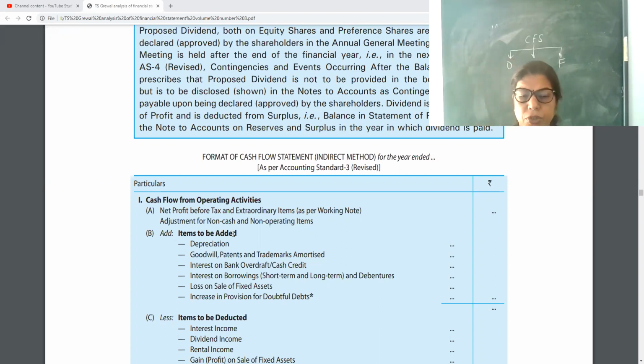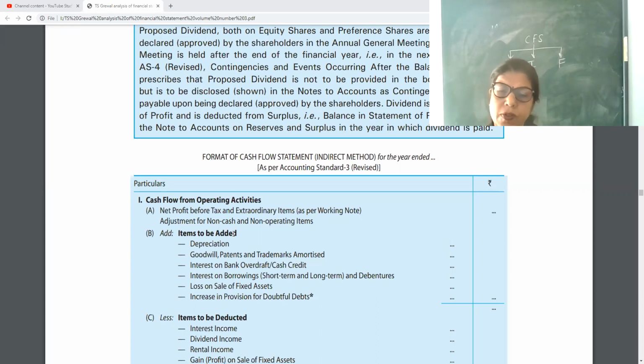Then interest on bank OD or on borrowings, short term, long term, and even on debentures, interest paid. Yes, please note down. The next, loss on sale of fixed assets. I'll tell you further how to calculate loss if it is not given, by making fixed asset account.